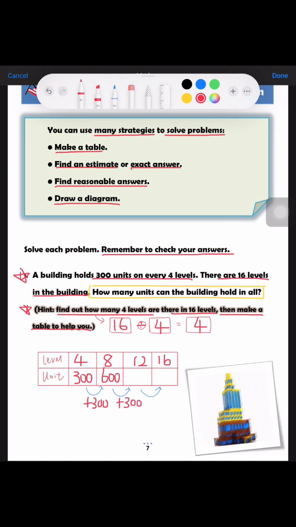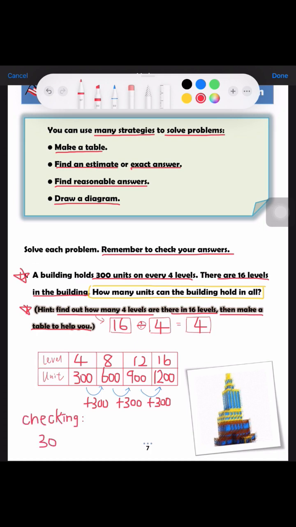And in 12 levels, it will be 600 plus 300, which is 900. So how about 16 levels? The number of units will be 900 plus 300, which is, yes, 1,200. And there are 1,200 units in 16 levels.